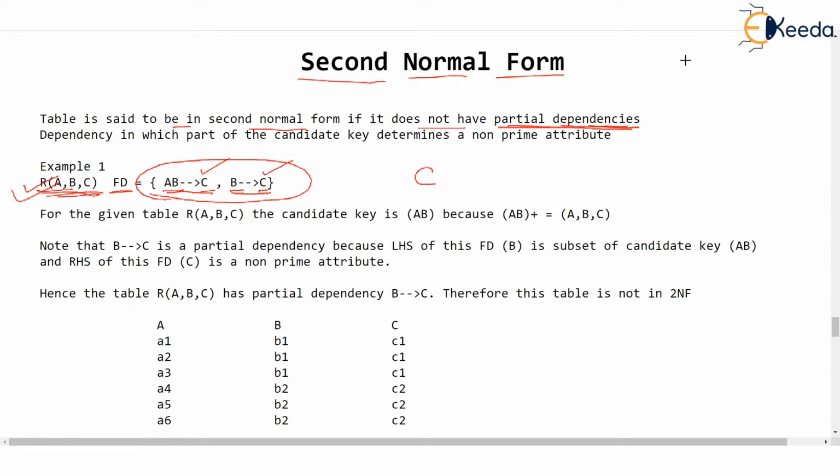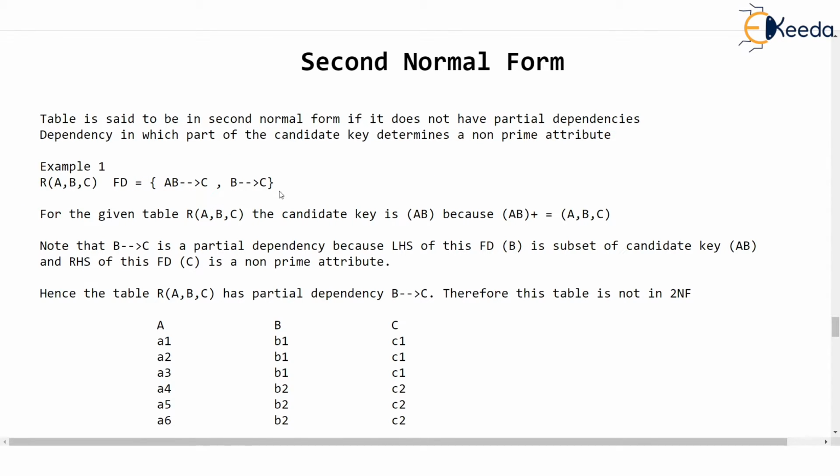But neither A nor B appears on the right hand side of any FD. Then surely the candidate key must contain A and B. I repeat, the candidate key must contain A and B.